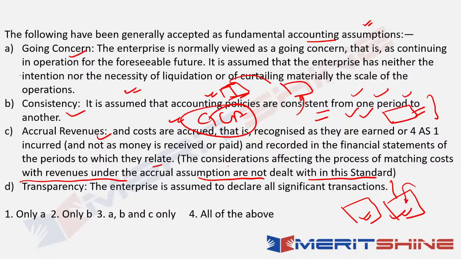Therefore they have said the consideration affecting the process of matching concept with revenue under accrual assumption is not dealt with in the given standard. So there are many loopholes there in how we have to do it, and there are various accounting standards for different kinds of work.